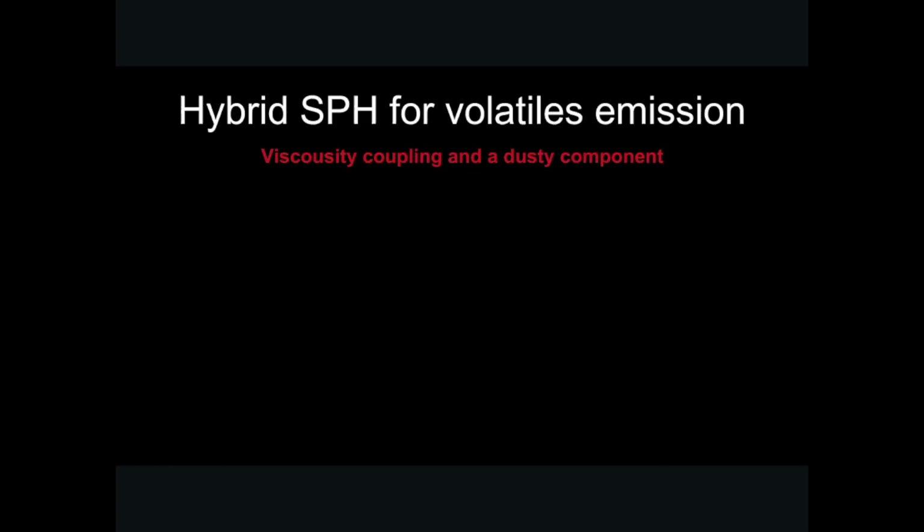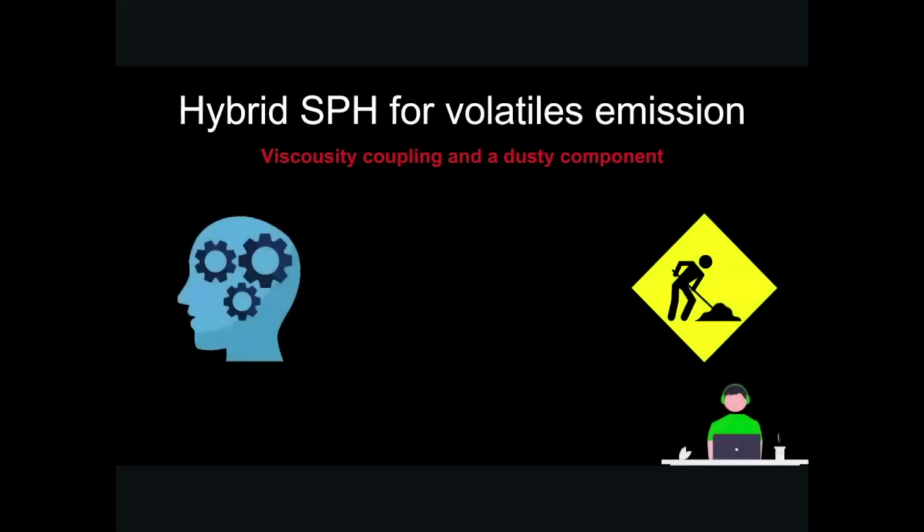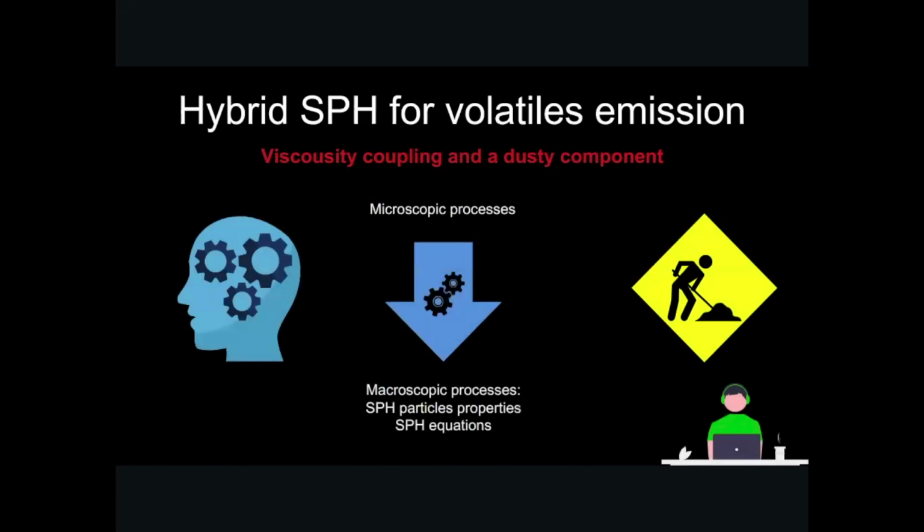But for the moment, this is a work in progress, because we are studying the literature and understanding how to include this in our code. There are some hints, but what I think is the core of this, as well as the other processes, is that we have to map microscopic processes into macroscopic ones.